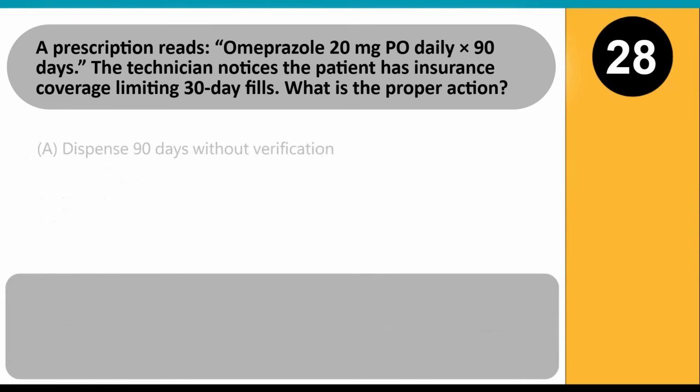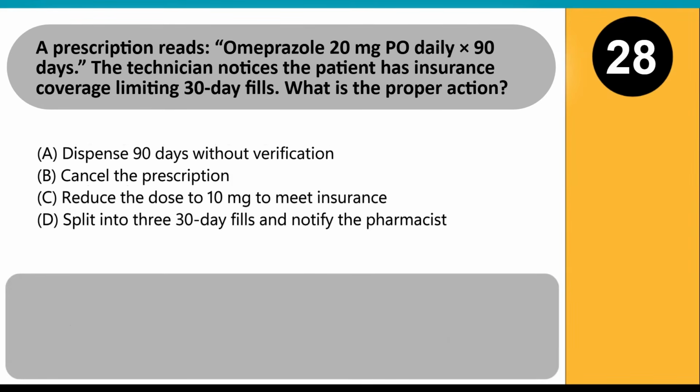A prescription reads, omeprazole 20 mg PO daily times 90 days. The technician notices the patient has insurance coverage limiting 30-day fills. What is the proper action? A. Dispense 90 days without verification. B. Cancel the prescription.